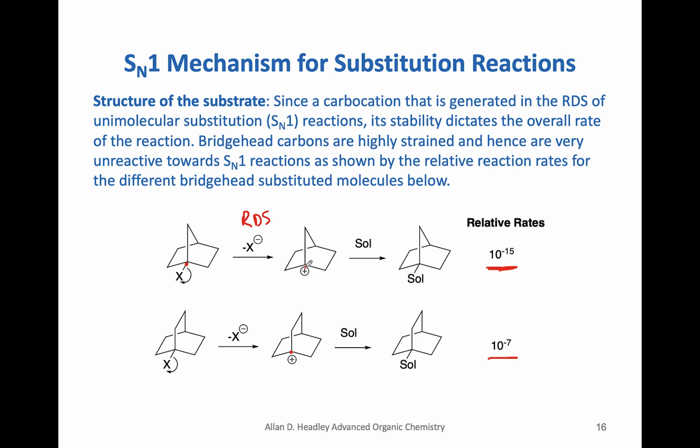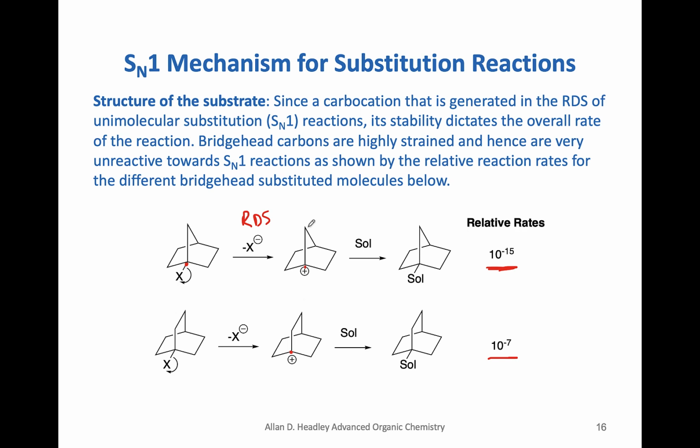This carbocation is not stable because this bridge here will not assist in the formation of a sp2 carbon because it's tied up in a particular geometry based on this very tight arrangement of the bicyclic system here, where this is a 5-membered ring and a 6-membered ring.